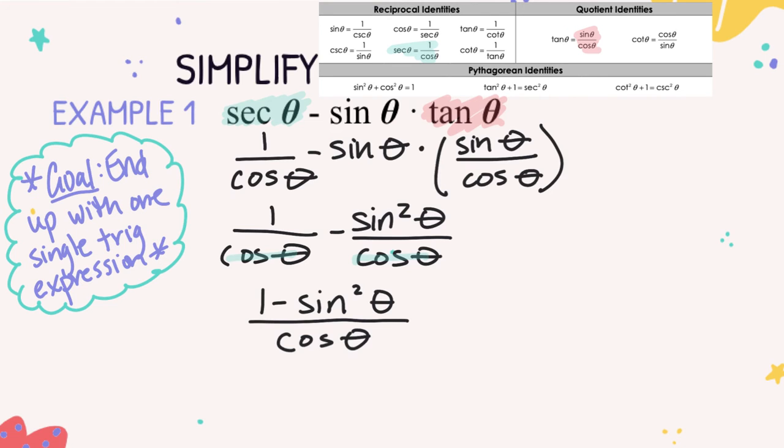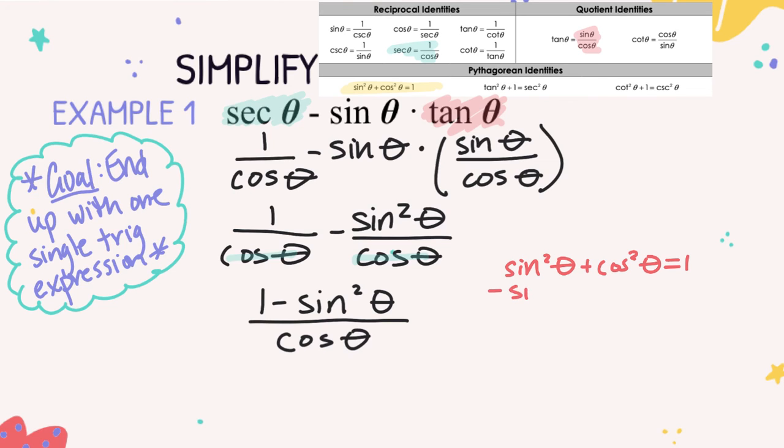And I next notice in the identities this Pythagorean identity. And that Pythagorean identity can be manipulated to what we want it to be. So if we start off with sine squared theta plus cosine squared theta equals 1, we can't use it how it appears there. We want it to be 1 minus sine squared theta.